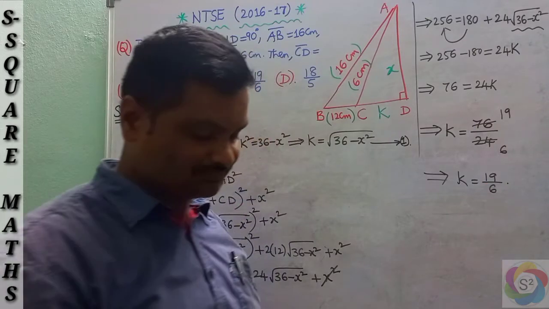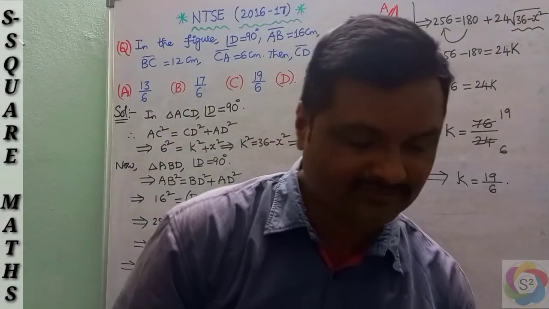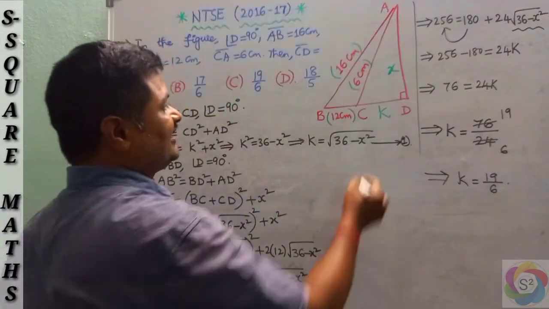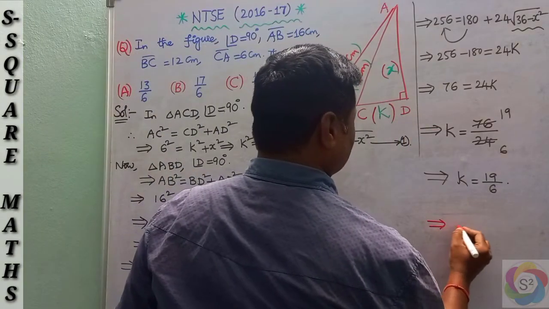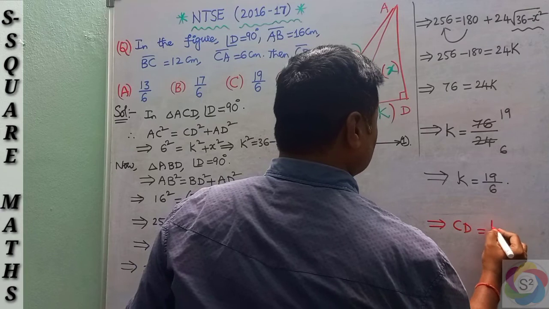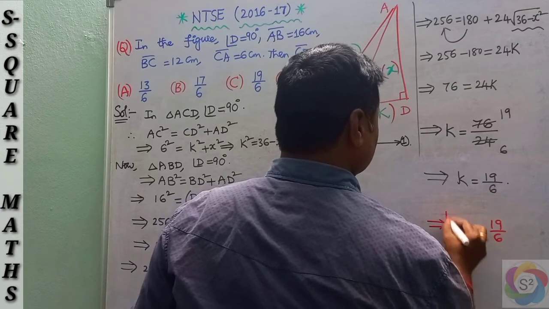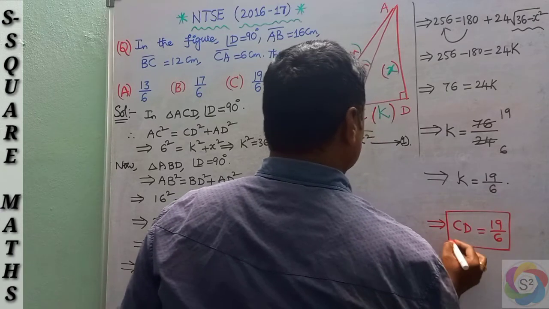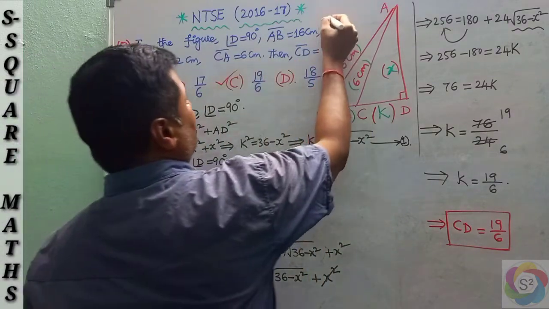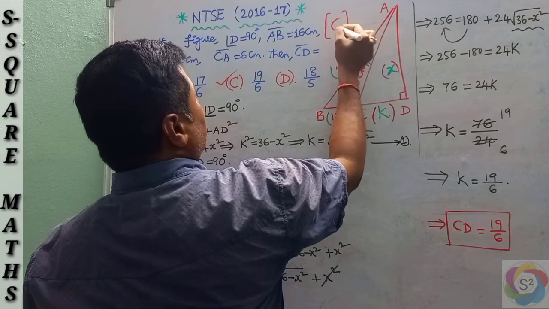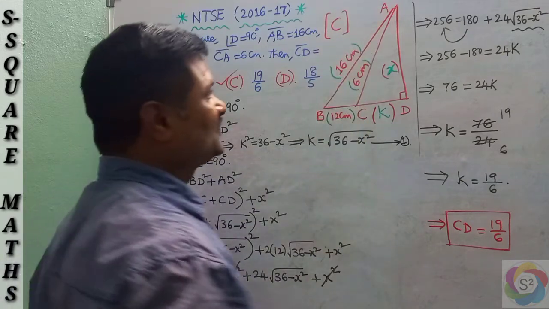But K is nothing but our CD. So CD is equal to 19 by 6. If you go through the options, this is our C option. So this is our answer.